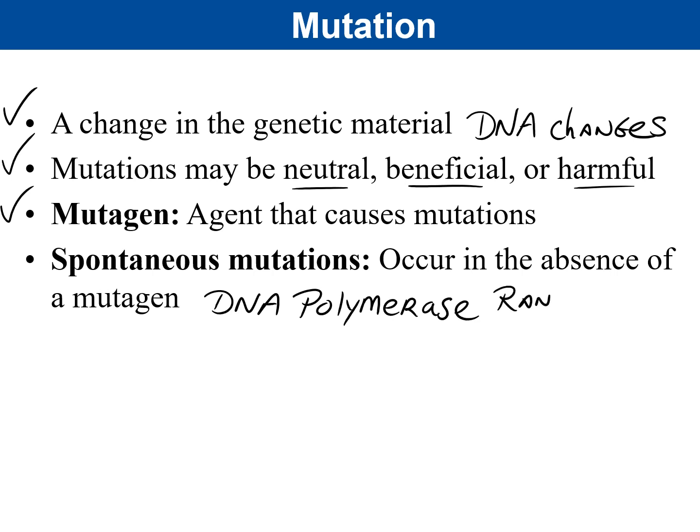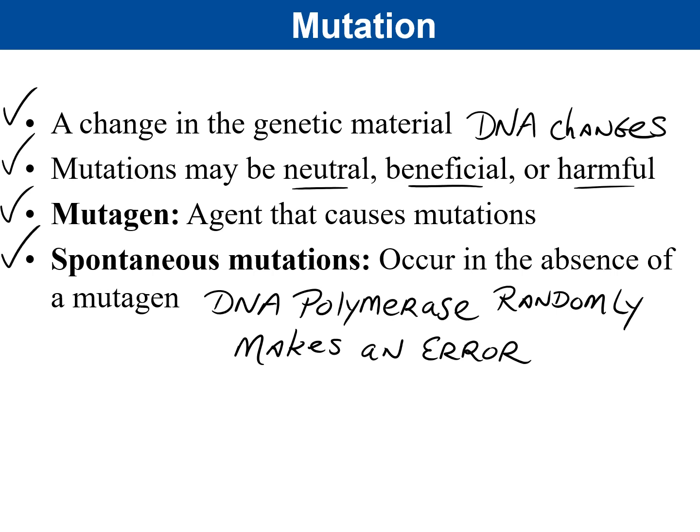A random error may occur, and this would be what's called a spontaneous mutation. It doesn't happen that often, but it can occur, and we call this a spontaneous mutation.